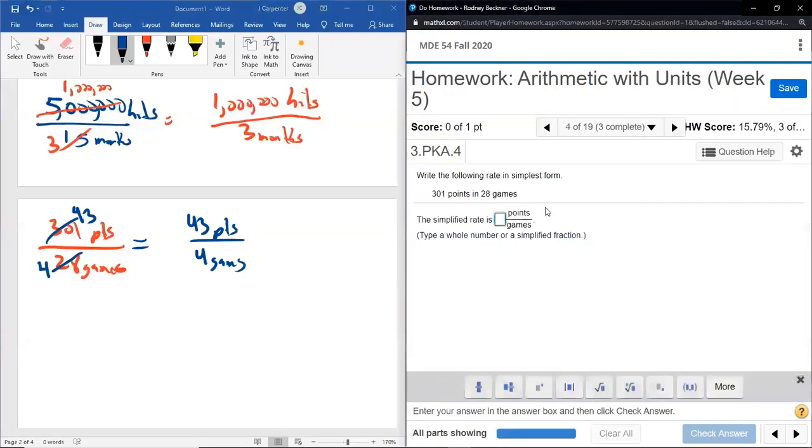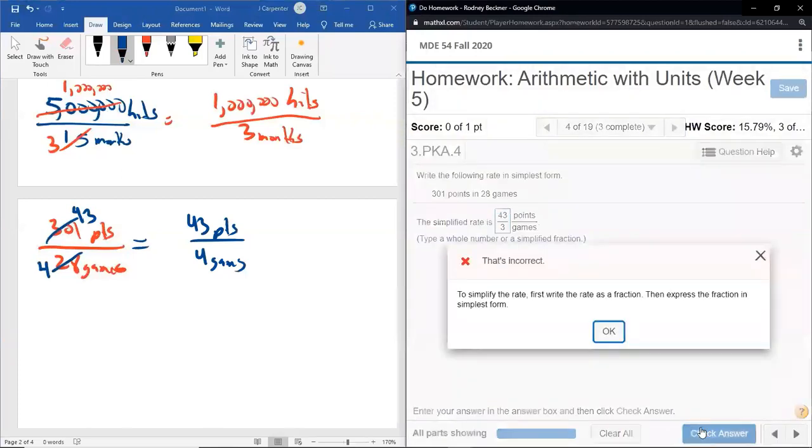So let's try that. 43 over 3. I'm hitting the slash key on my keyboard to do that without having to hit the fraction button first. Either way works though. Ooh, we did something wrong, didn't we? And I said it wrong intentionally. I was kind of going with that same vein. I said 43 over 3.